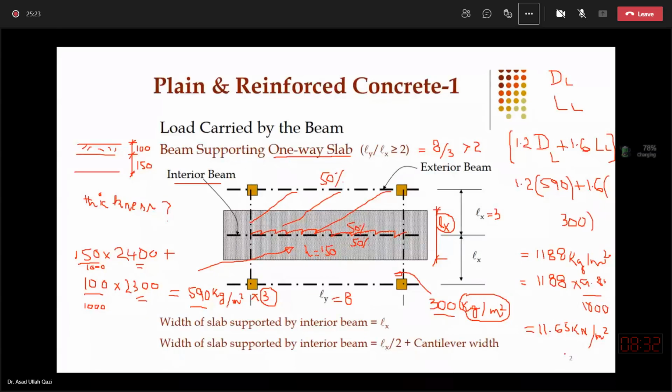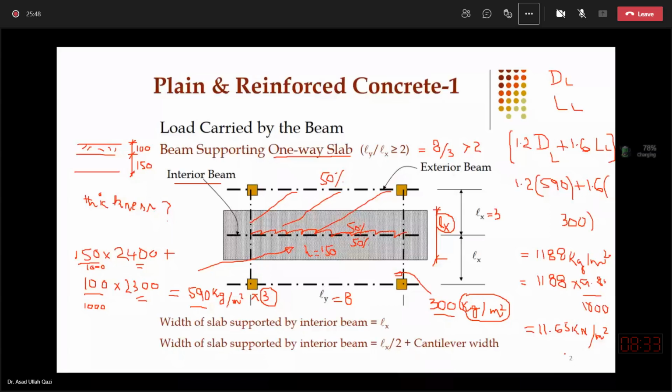But for ordinary residential or commercial buildings, this is a very common value. Rather, if you got 116 kilonewton per meter square, that would be an unusually high ultimate pressure. So then recheck your calculations, there may be a mistake somewhere.